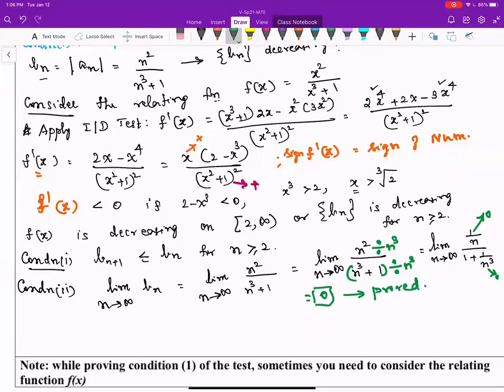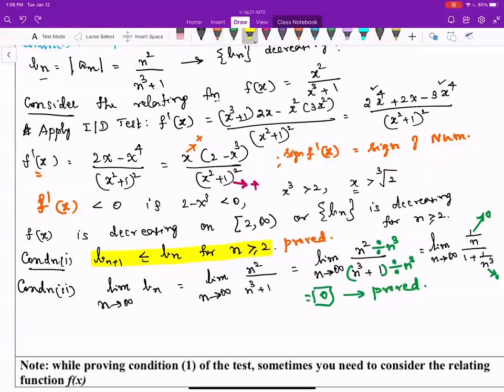So condition 1 is proved. Condition 2 of the alternating series test is also proved.